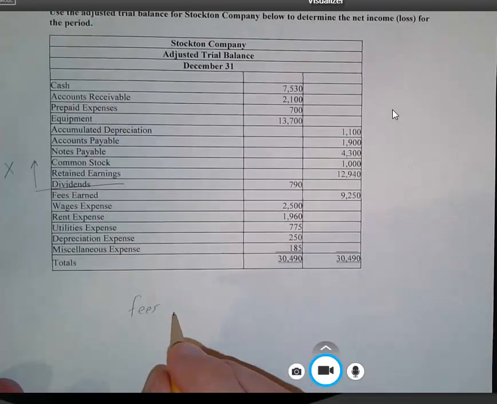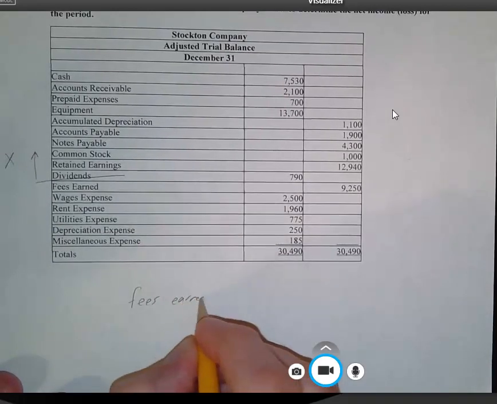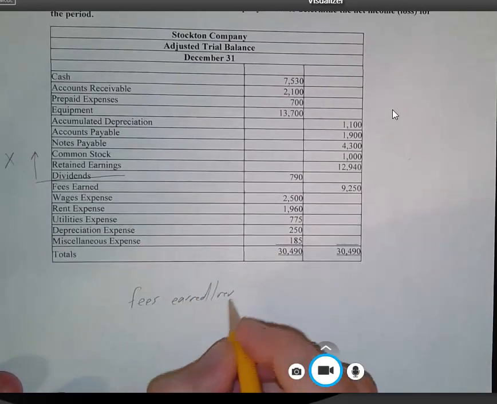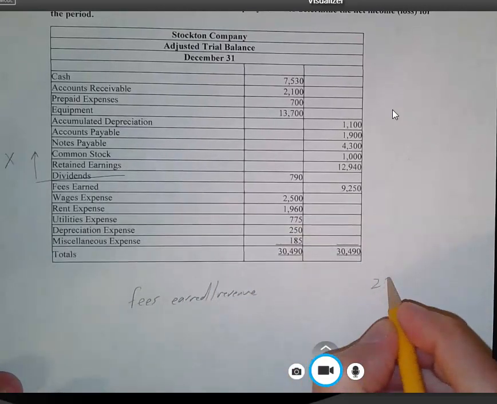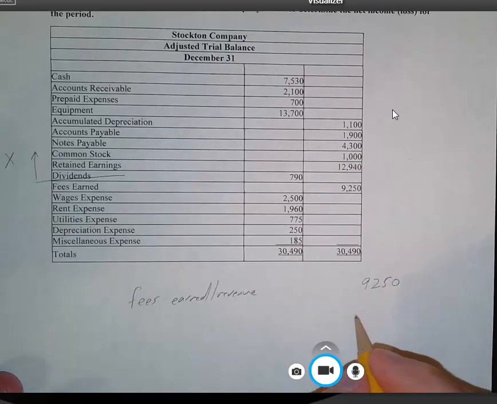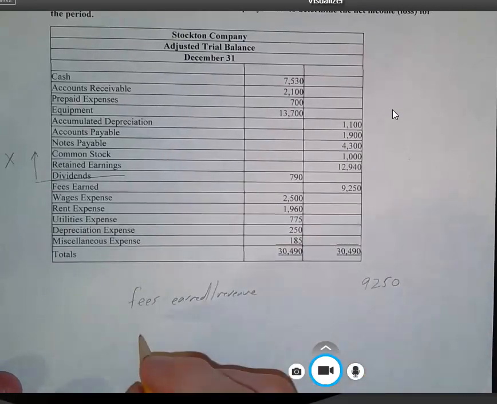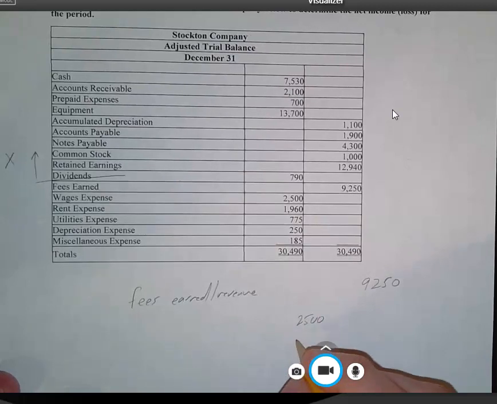move this up a little bit, I apologize. Fees earned / revenue is, what is that, $92.50. And then all we're going to do after that is we're just going to take all of these expense items. Let's see, it was $2,500 for, what was that, wages.